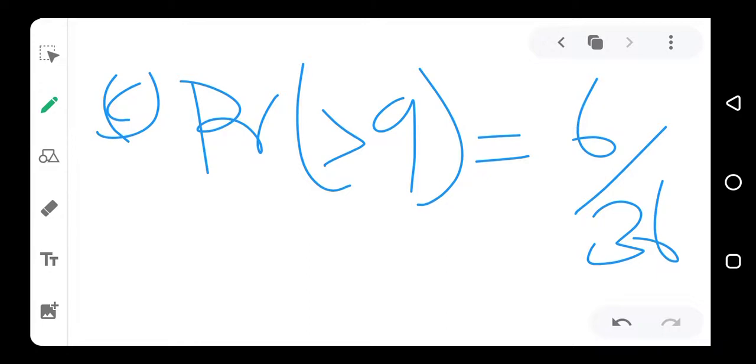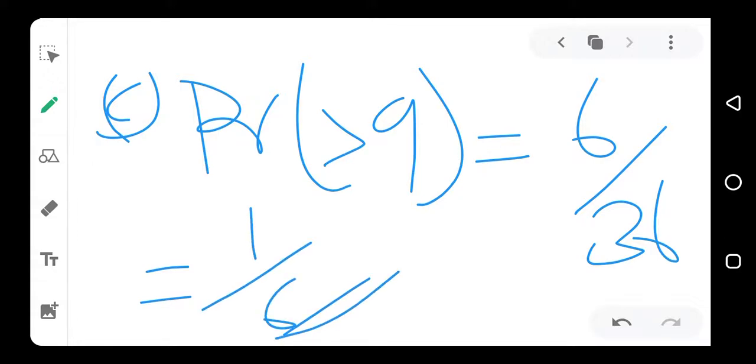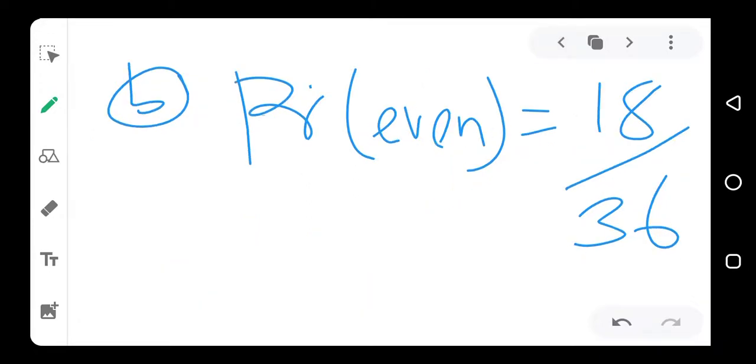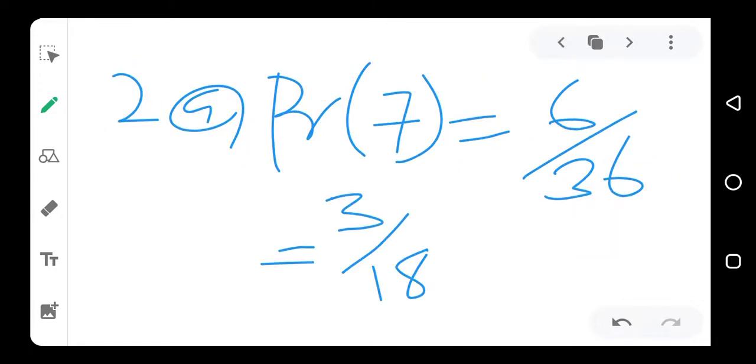If there's anything that can divide both 6 and 36, we divide it. 6 divided by 6 gives us 1 over 6 when we simplify it further.